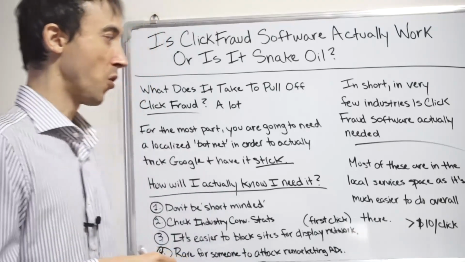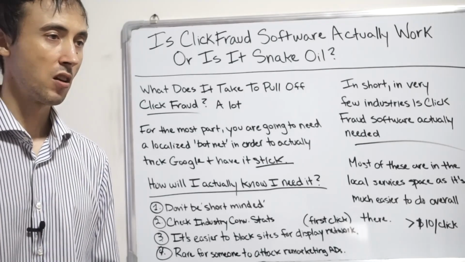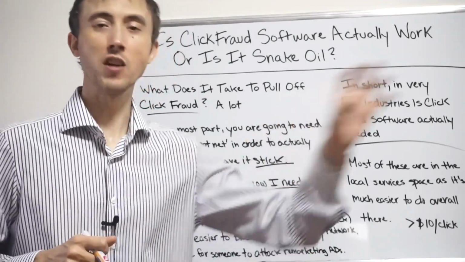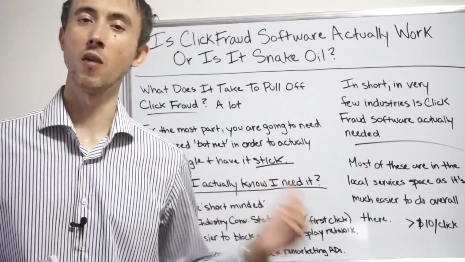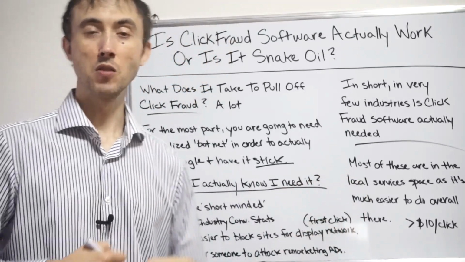Okay? So if you're in a high cost per click market and you're running search ads, then very specifically in those situations I would say run your ads for a while. Expect that you might get some click fraud right away, but it'll go away basically. And therefore, you kind of don't need the click fraud software, but you can use it.